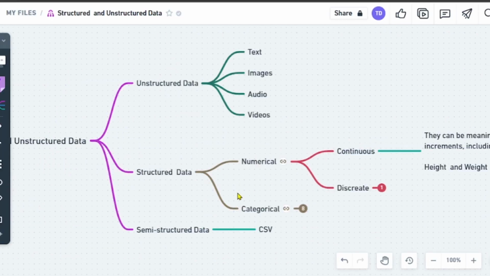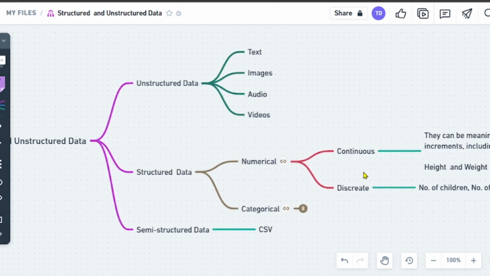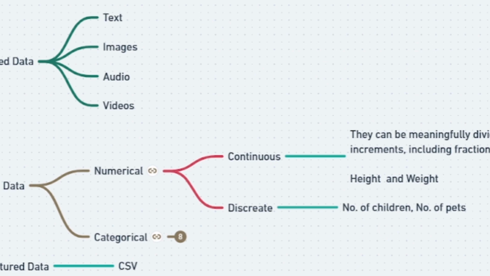Now we are looking at discrete data. So: numerical data, continuous data, and discrete data. An example of discrete data is the number of children or number of pets. Now, what does that mean?